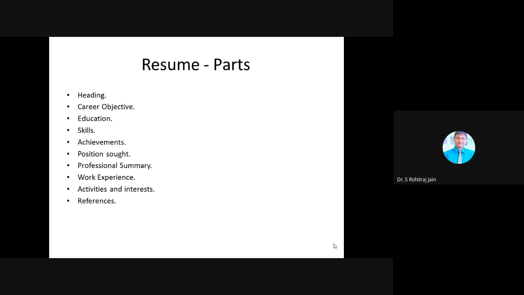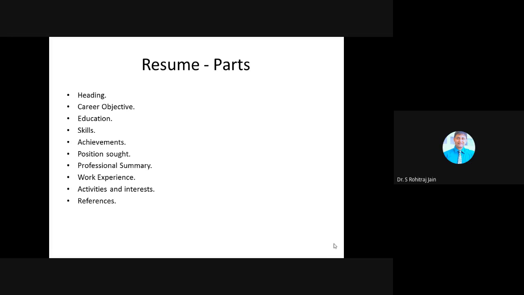So whenever they receive a call from the organization to check your background, they will be prepared that this particular student of mine has already put my name as reference, so they'll be ready with that.